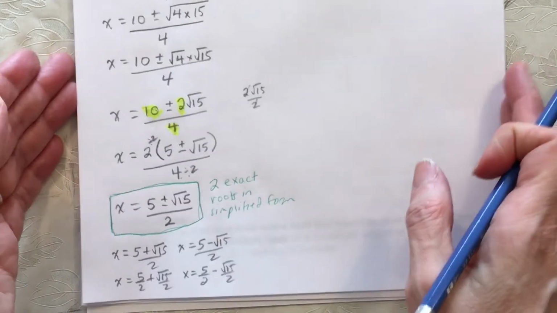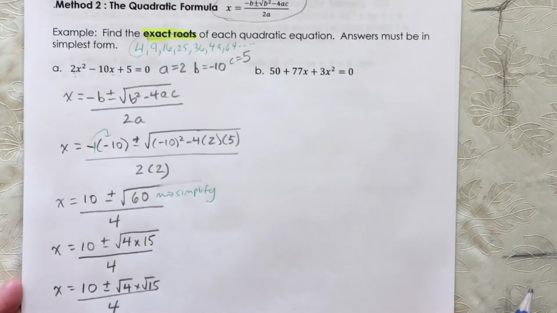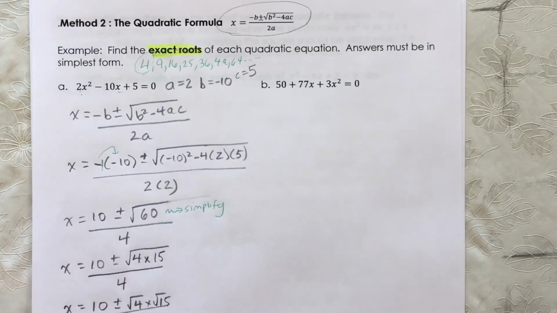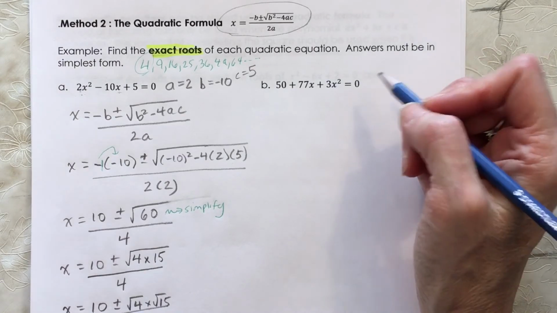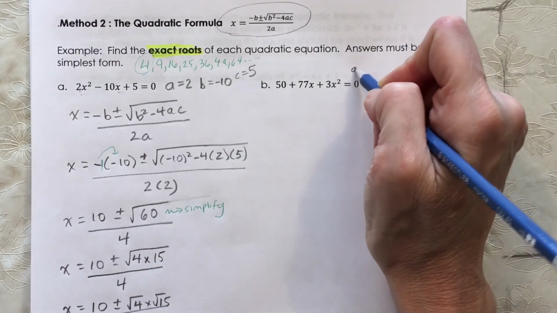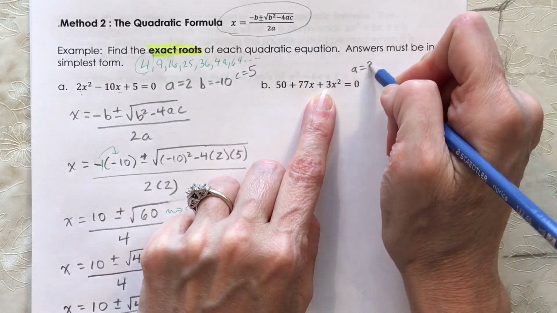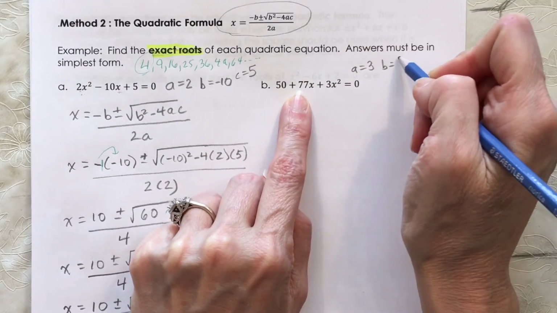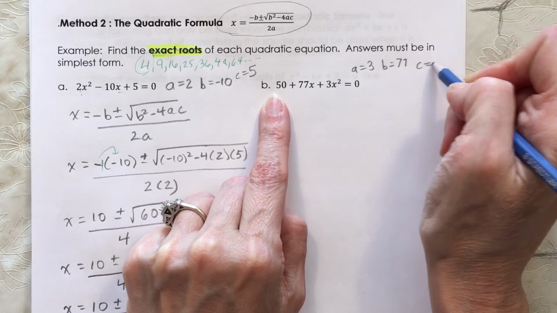Okay, next one. This one is a little bit trying to confuse you, but you should be able to see that a is the number in front of x squared, b is the number in front of x, and c is the constant.